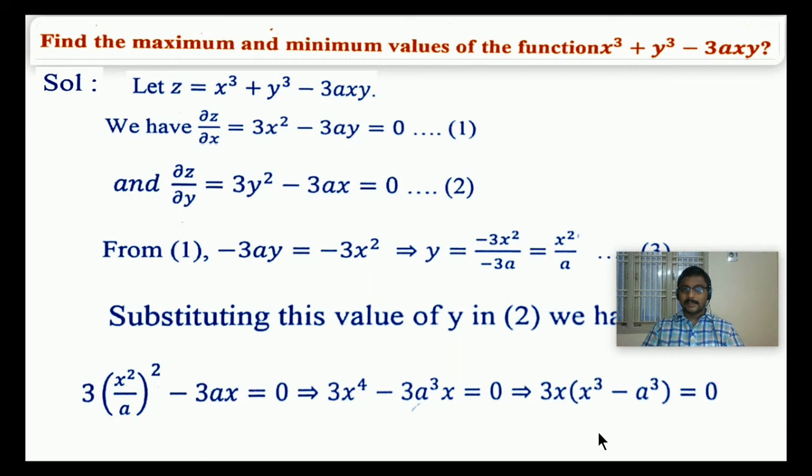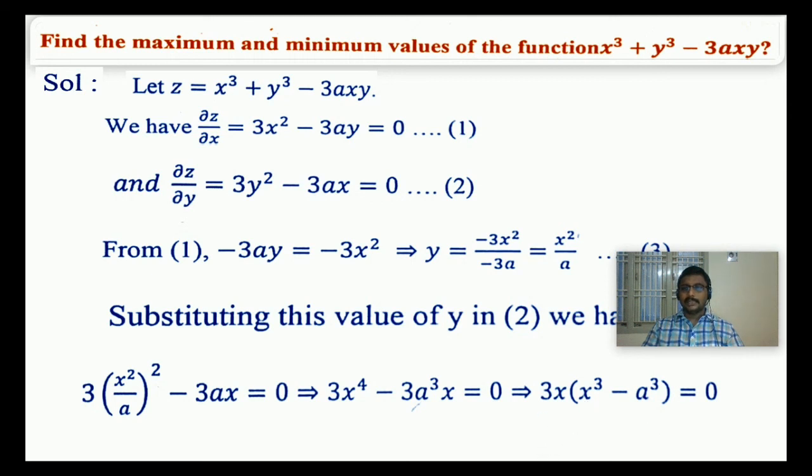But x square plus ax plus a square equated to 0 gives imaginary values for x. Since imaginary values cannot be sketched in the graph, we have to take only real values. So here x is 0 and x is a will be considered.